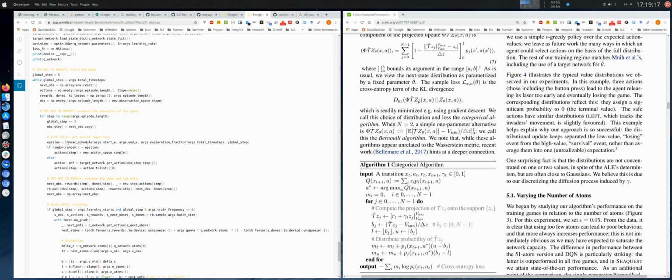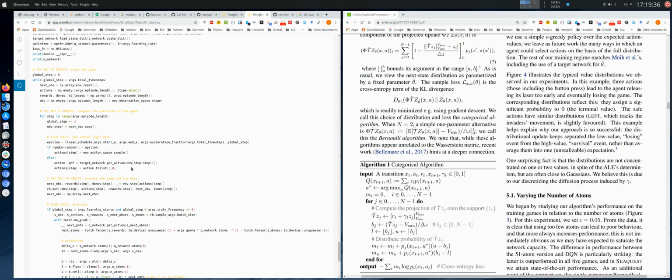At each time step, you generate a number from 0 to 1, and if that number is less than the epsilon, then you do exploration. Otherwise, you use the action generated by the Q network, or in this case, the network of C51.